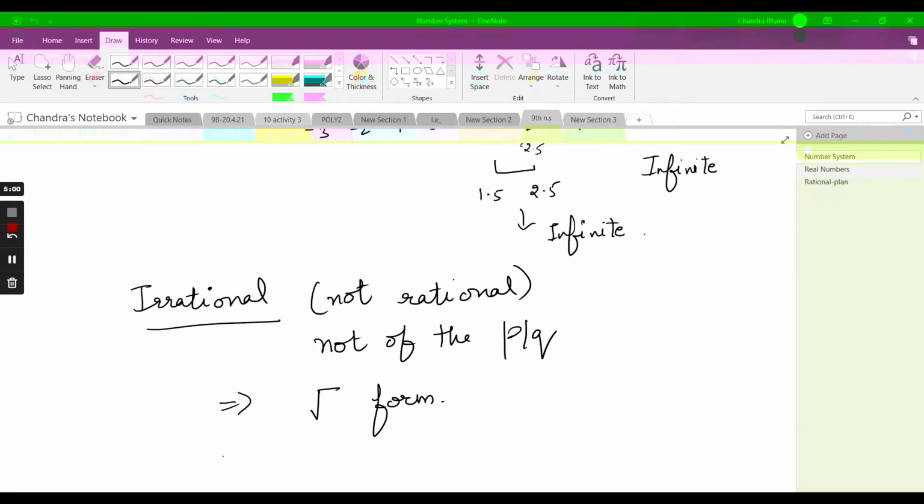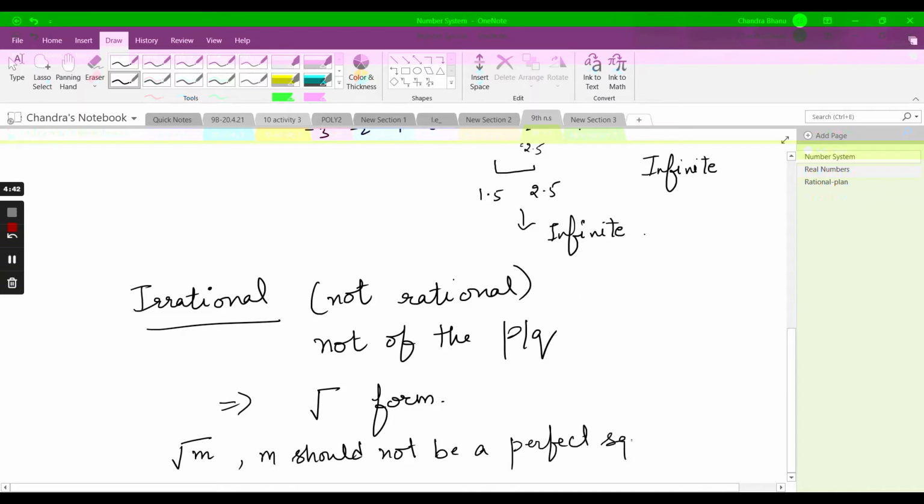Now, under this root form, you need to keep in mind that the number m that we are taking under the root should not be a perfect square. Why so? Let's see some examples. If I take root 4, that will be 2. Root 9, that will be 3.